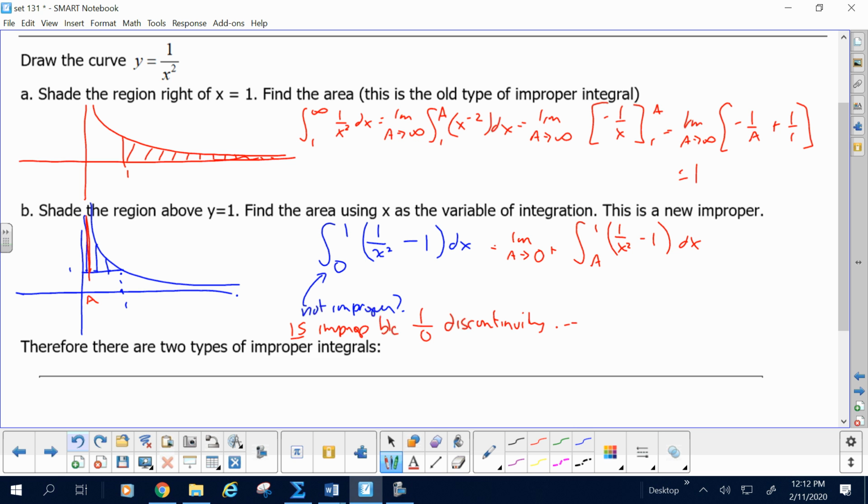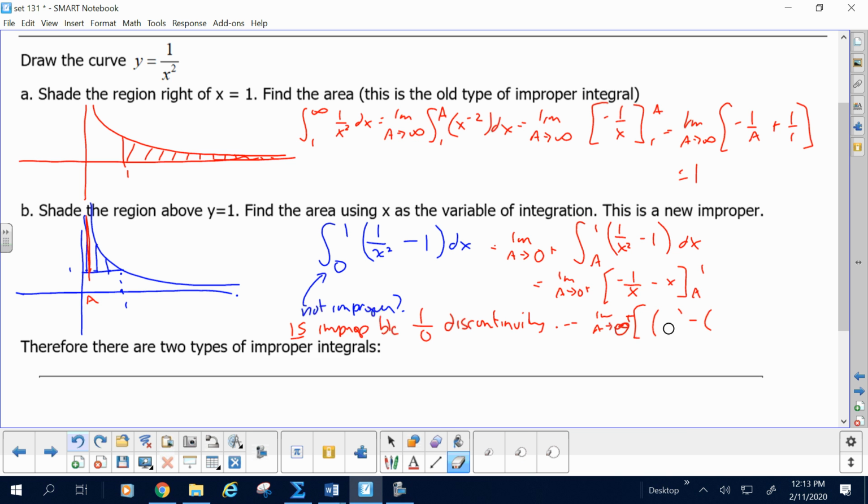Now I just gotta know. I assume this is going to be the same, but I gotta see. I'm a doubting kind of guy. What is the antiderivative? 1 over negative x, minus x from A to 1. That's the limit as A goes to 0 of, when 1 goes in, I get negative 1 minus 1, or negative 2.